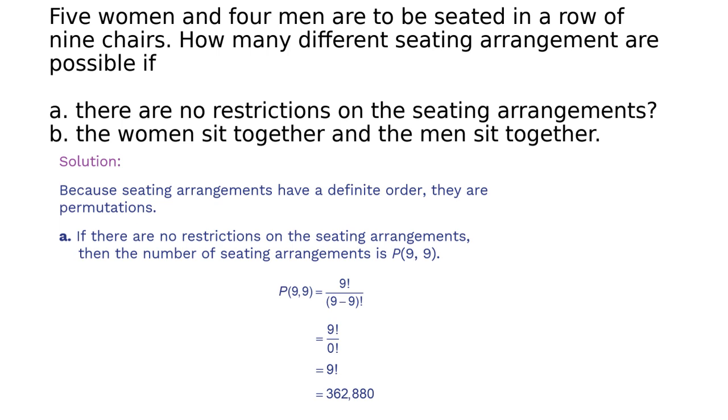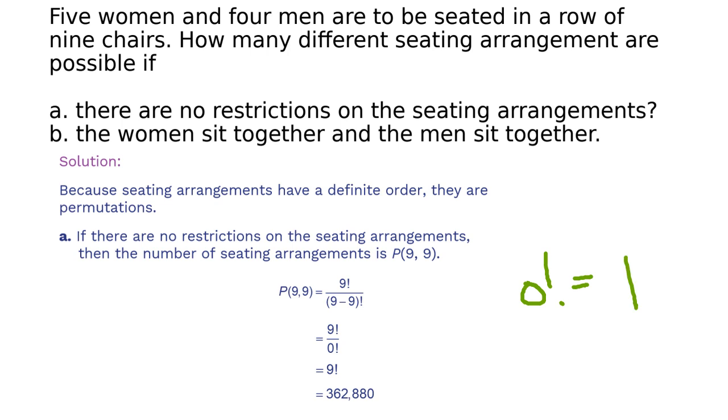And 0 factorial, remember what we mentioned last time, let me see, I lost my screen. Oh, there it is. Last time we said that 0 factorial is the same as 1.